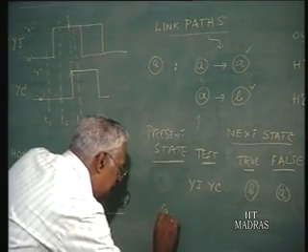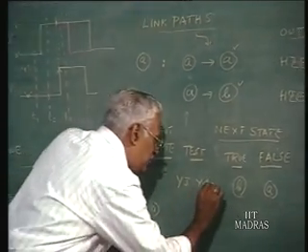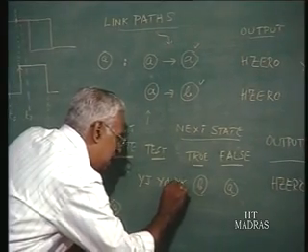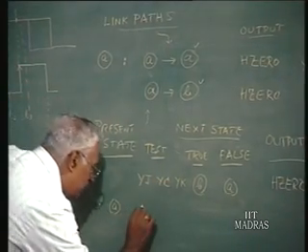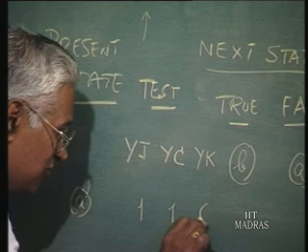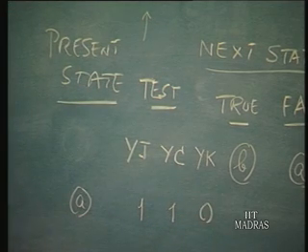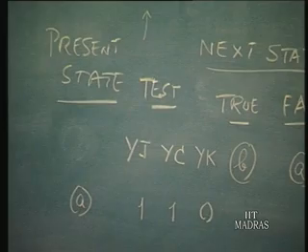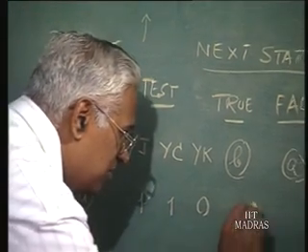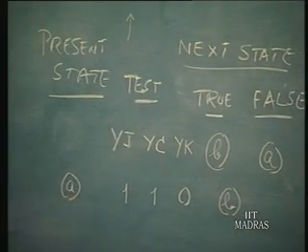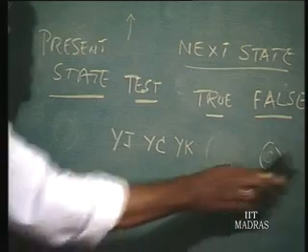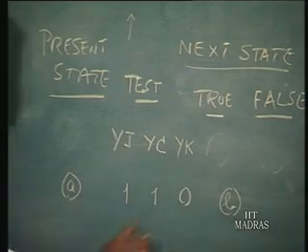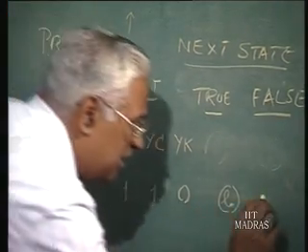For the present state A, the system has Yj, Yc and Yk, of which Yj and Yc must be tested in present state A. Yk need not be tested. The true next state of A is B. I'm just writing the same thing down. And the false next state of the present state is A.